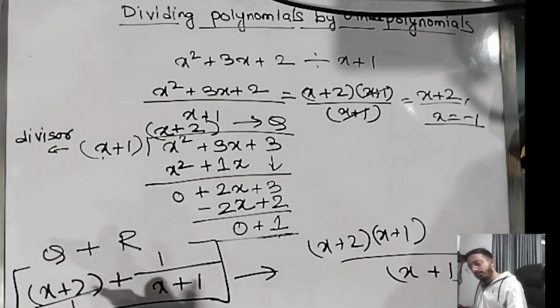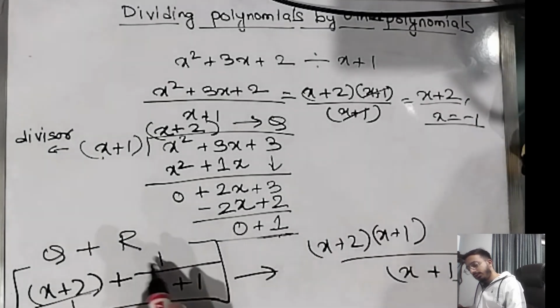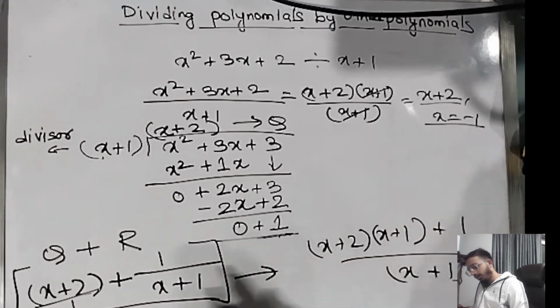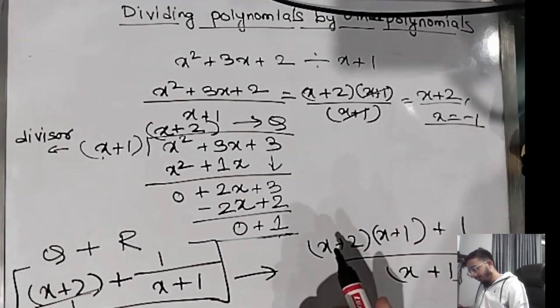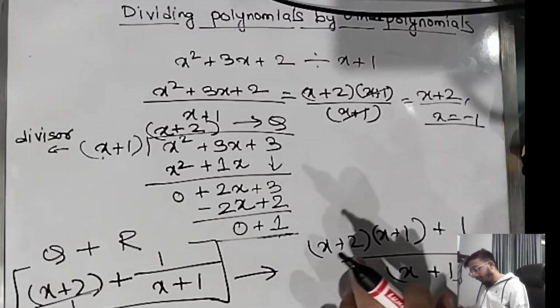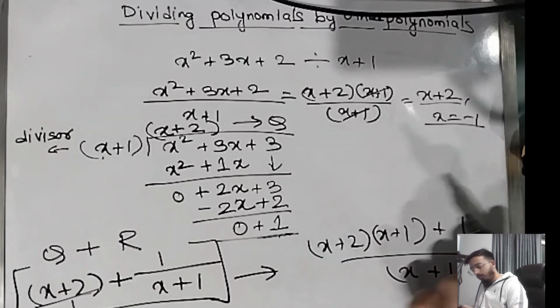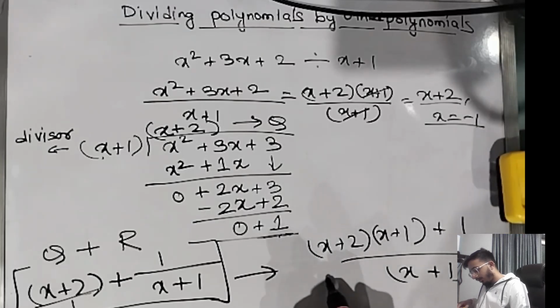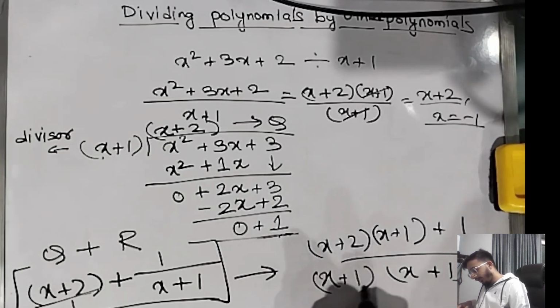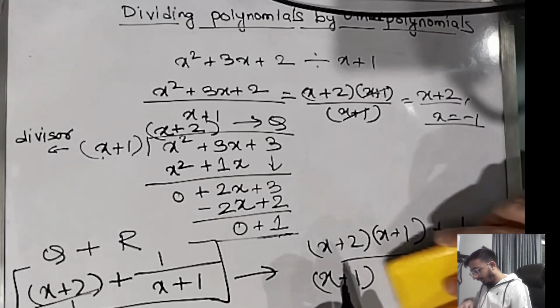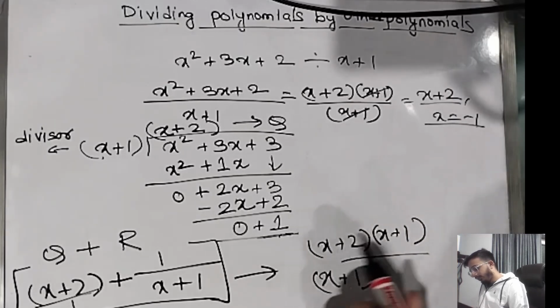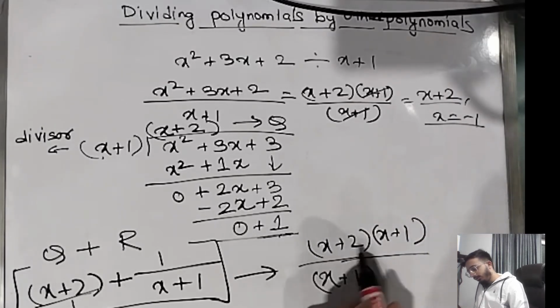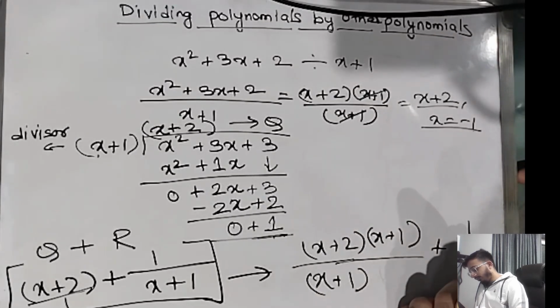When you add, this will be multiplied with the common denominator, and then you add plus 1. When I add this, I got this term. Now again, if I separate the two terms of the numerator, what will I get? I can separate this out by writing it in this way, right? x plus 2 times x plus 1 by x plus 1 plus the 1 by x plus 1.